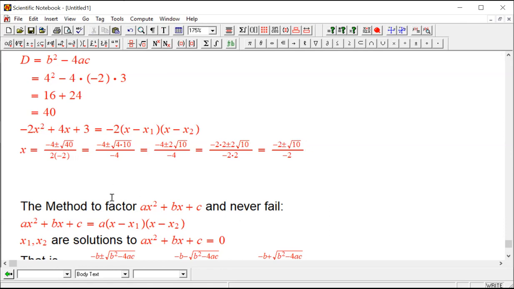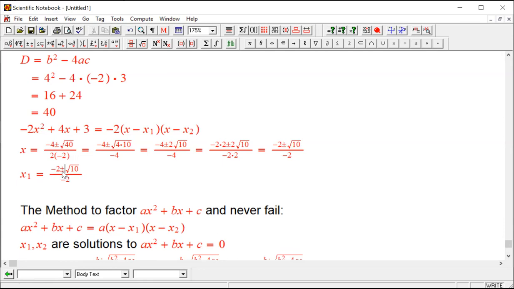So now we got our x sub 1. X sub 1 equals this piece. I choose the minus sign, doesn't matter. And the other piece, I'm choosing the positive sign. Now we got our x1, x2.